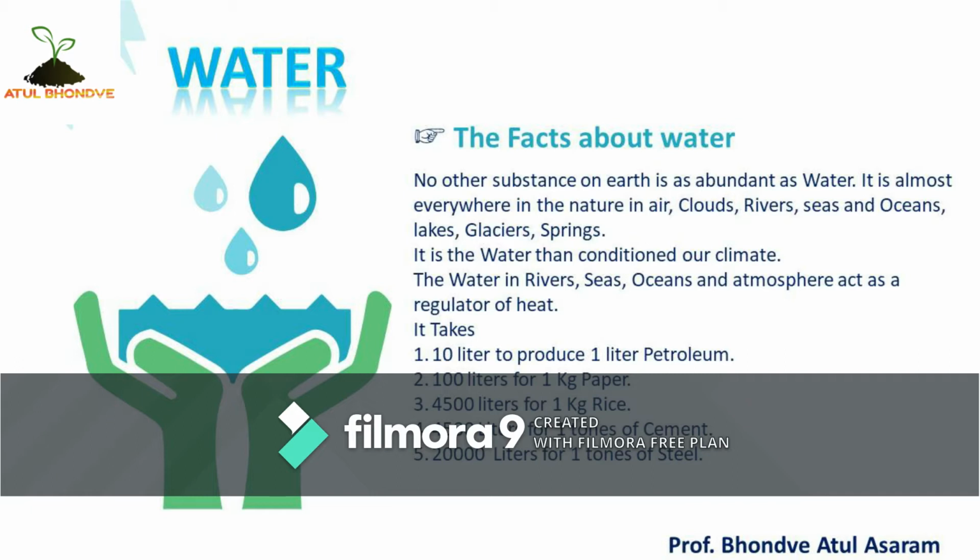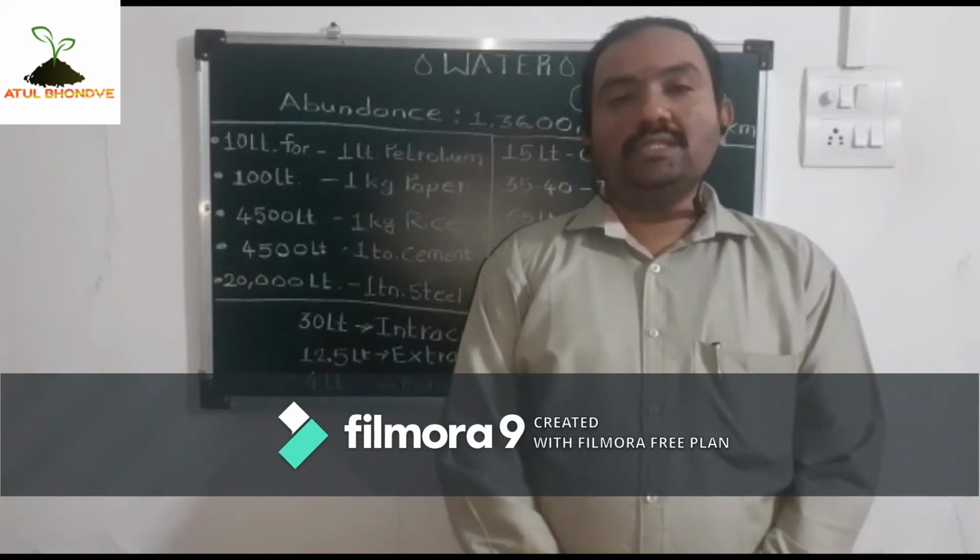Production of 1 kg of rice requires about 4500 liters of water, and the same for sugar. For industrial production, 1 ton of cement requires about 4500 liters of water, and 1 ton of steel requires about 20,000 liters of water. So this is the actual requirement of water.